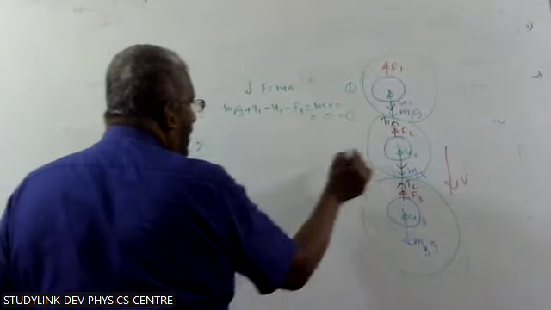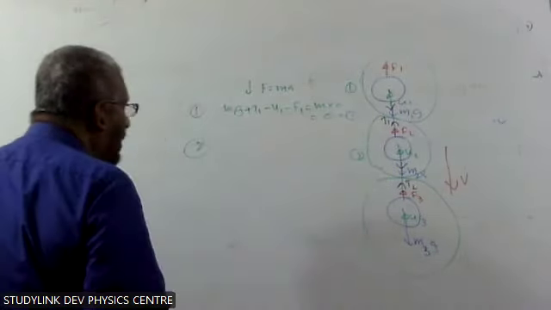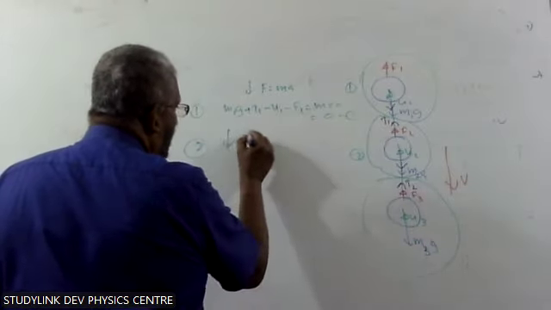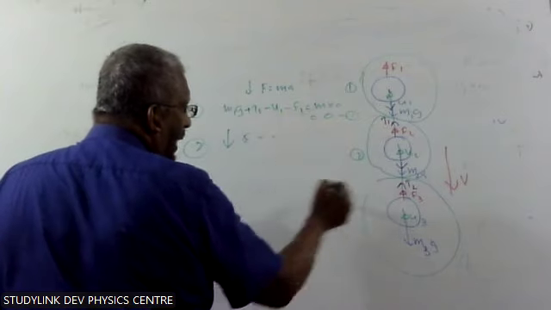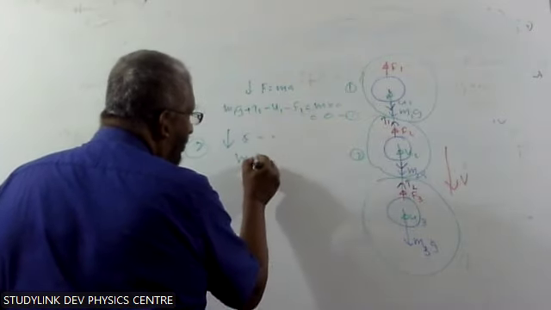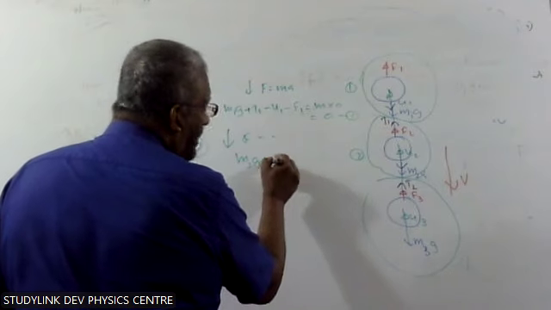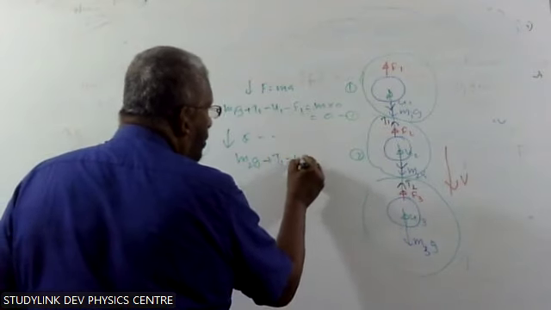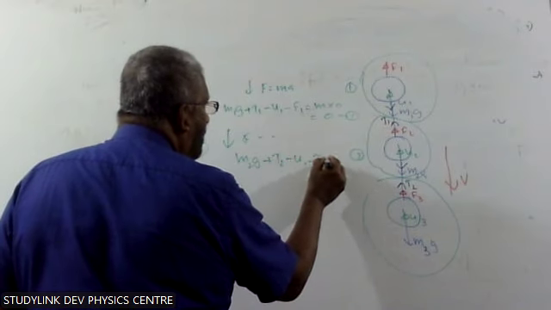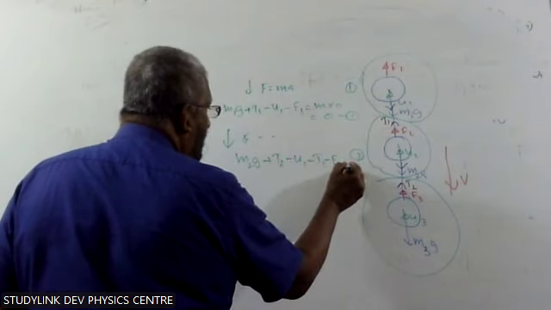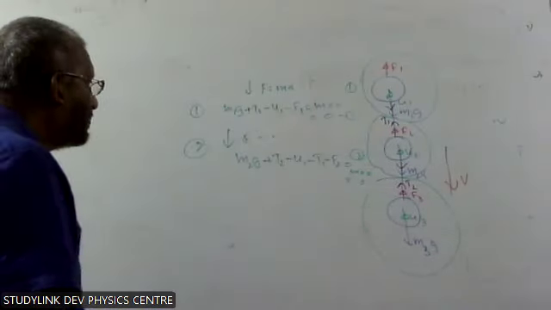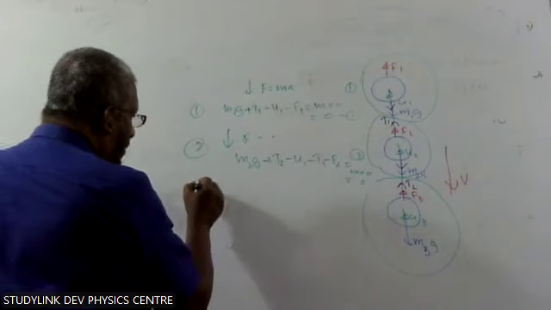For the second one, if you apply vertically down, then you get M2G plus T2 minus U2 minus T1 minus F2 is equal to M into 0. That is 0. Second equation. For the solid one, the third one.